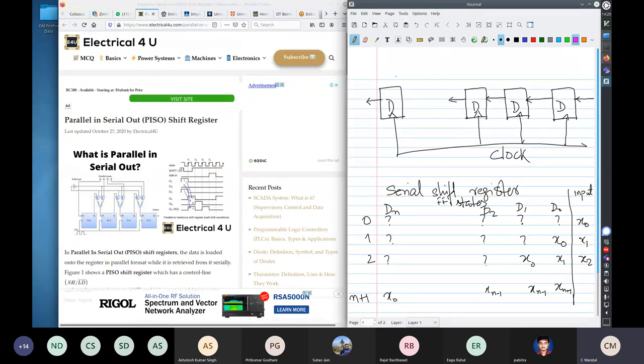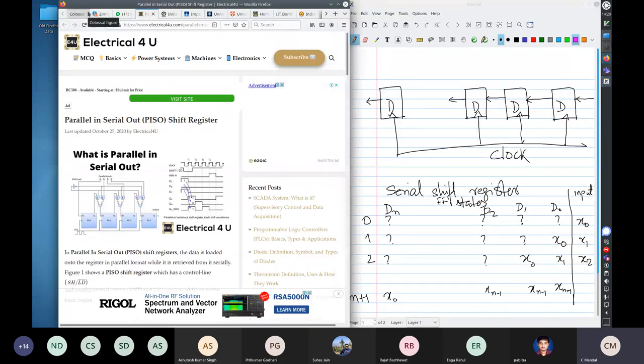In fact, that is the first part of your experiment, to wire up a D flip-flop. Then you create the shift register with parallel load facility. Let us just see what is there in the assignment.